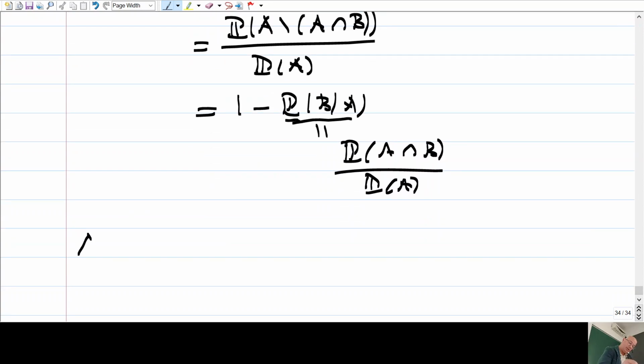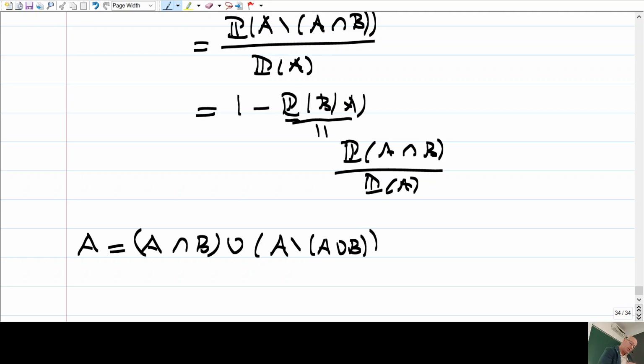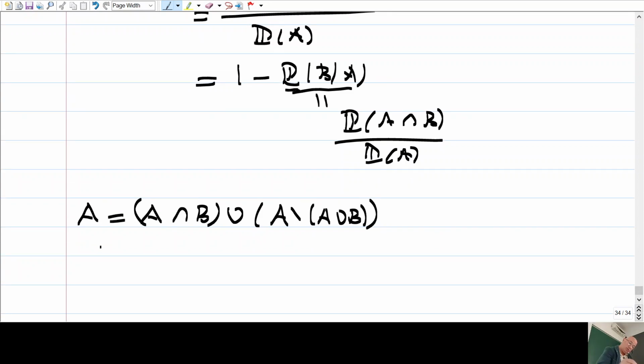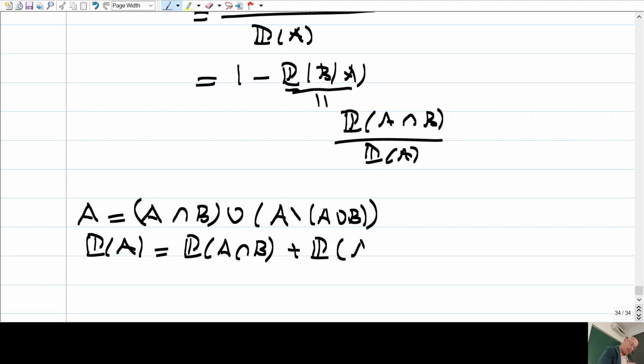Okay, I think we should write it this way. This is A intersection B union A minus A intersection B. Okay. So P(A), this is a disjoint union. Therefore, P(A) is just P(A intersection B) plus P(A minus A intersection B).